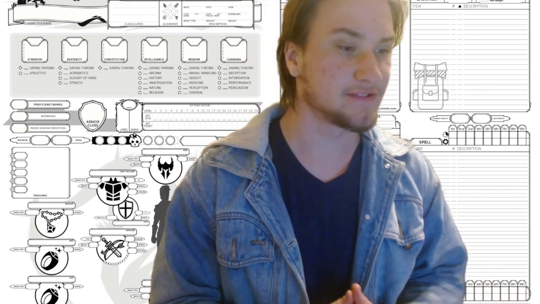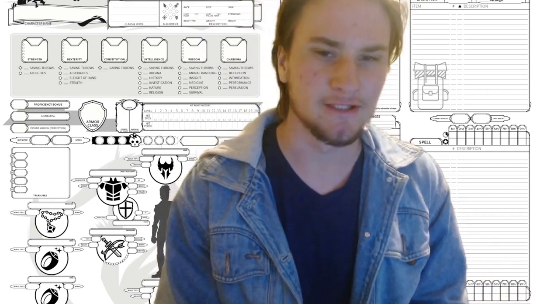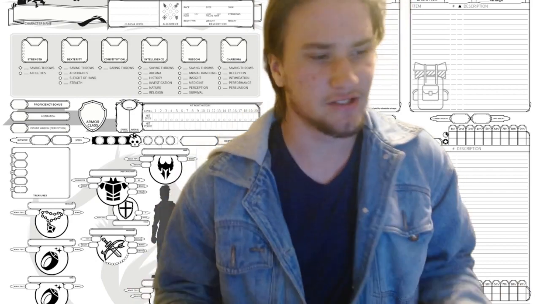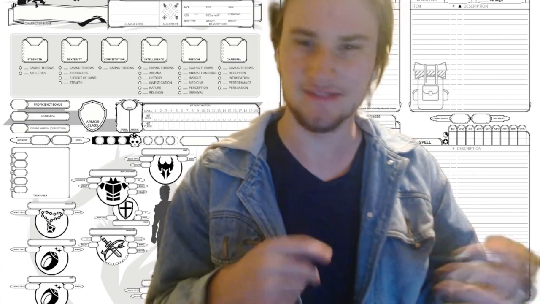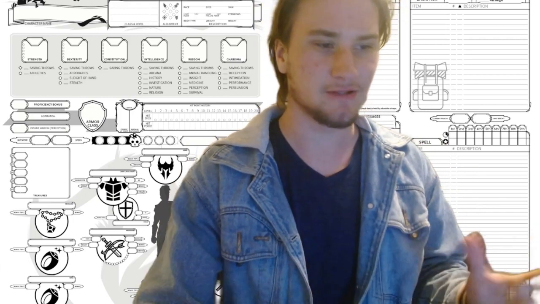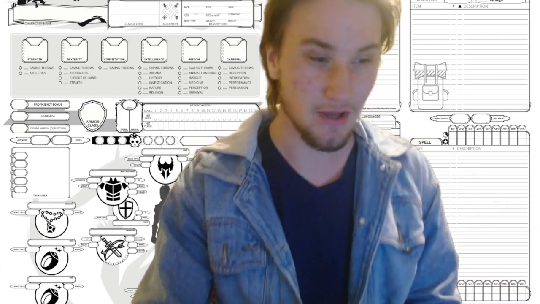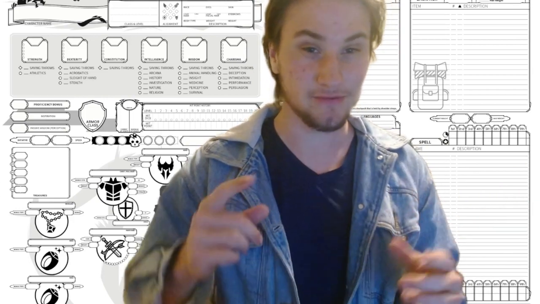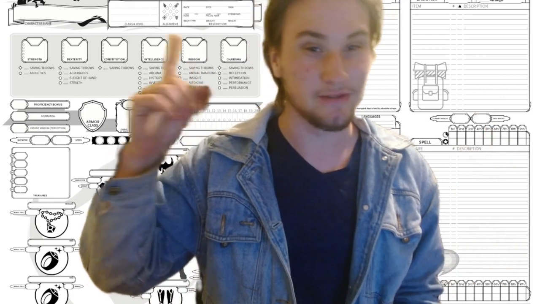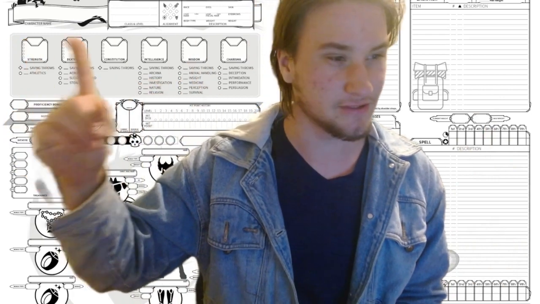So yeah, let's dive right in. Segment number 1, the anatomy or bones of a character sheet. Before we dive into the specifics, let's take a real quick look at the basic components of a character sheet. Most character sheets will have sections for your character's attributes. That's gonna be these on this character sheet.